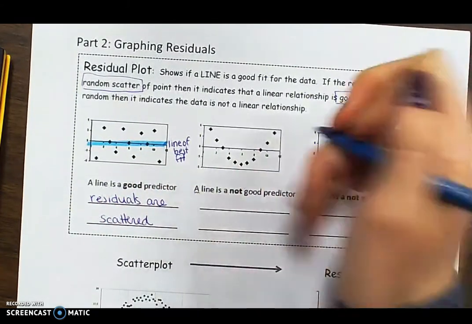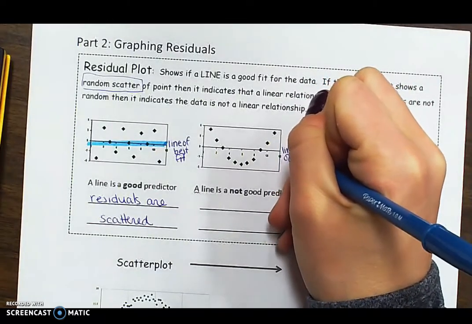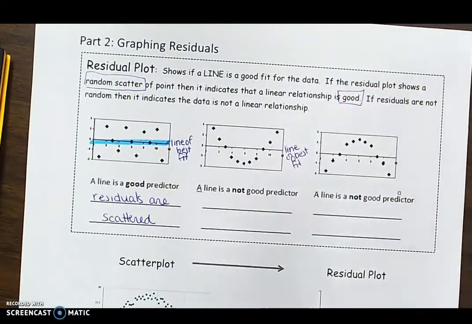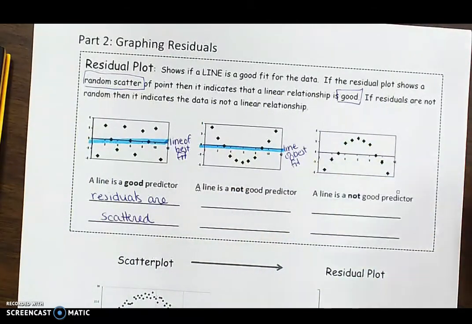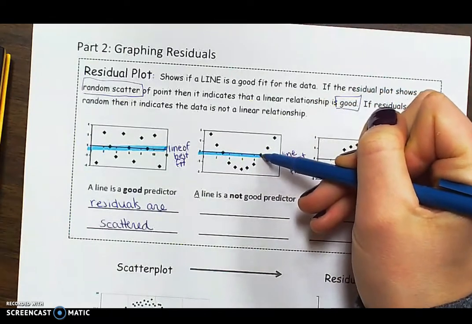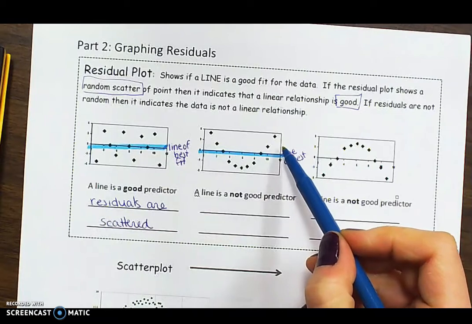Now, if I take a look at this middle graph, again, this is the line of best fit. If I look carefully, my residuals are above, above, on, below, below, below, below, below, on, above, above. Are my residuals scattered?